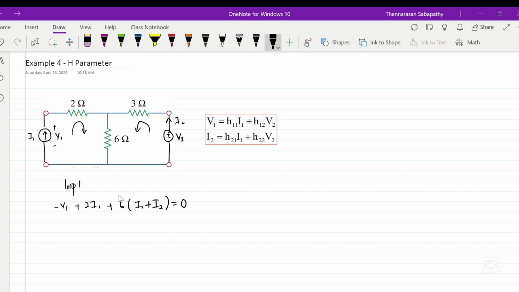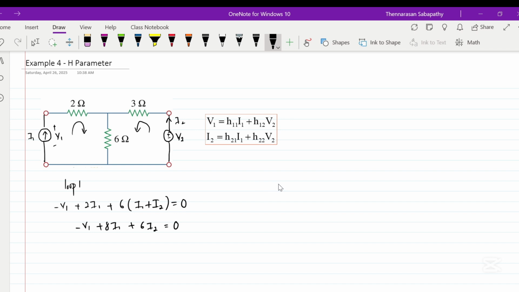I can simplify it: negative V1 plus 8I1 plus 6I2 equals 0. But when we want to compare the equation, this should be in terms of V2. So we wait for I2 in terms of V2 from the other equation.